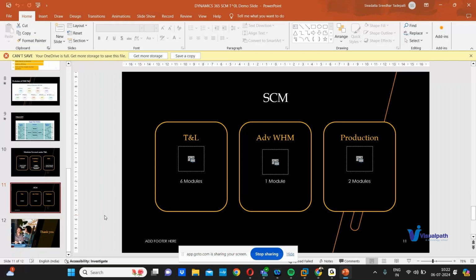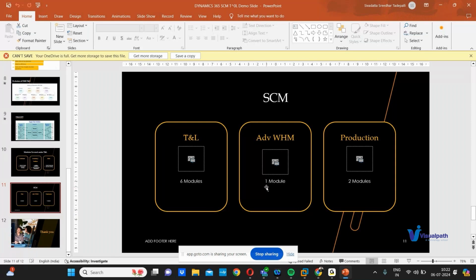But to become an SCM consultant, we need T&L, advanced warehouse management, and production modules also, right, Dattatreya? No, not required actually. See, this Dynamics 365 is like an ocean. If you take my scenario, I'm working for a company, and in my company I take care of T&L and advanced warehouse management.